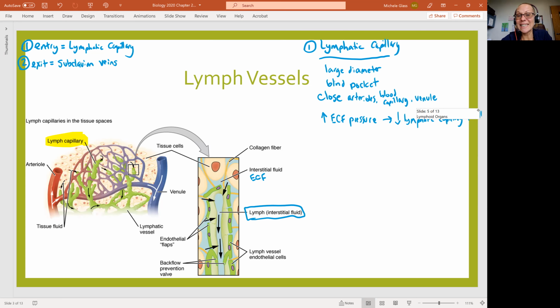Once that material gets in, it doesn't get out. The wall of the capillary is composed of a single layer of endothelial cells. Remember, endothelial is talking about simple squamous epithelium that's found lining these internal places in the body. And then those cells overlap to create valves.